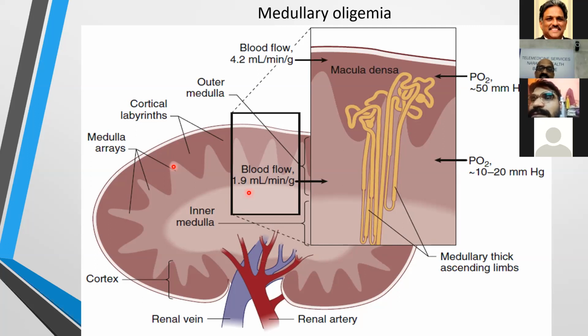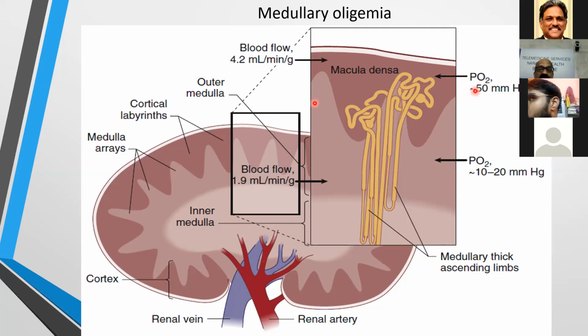And the corresponding oxygen tensions are mentioned here: about 10 millimeters in the medulla, about 50 millimeters in the cortex. So this is again reiterating the point that the medulla is always at risk of hypoxia and ischemia.